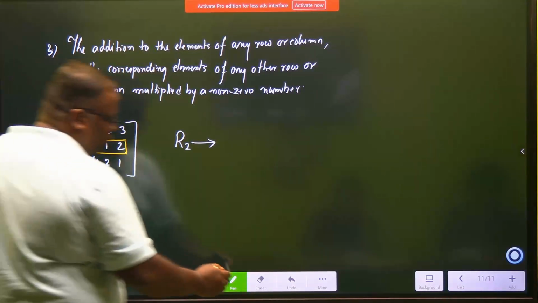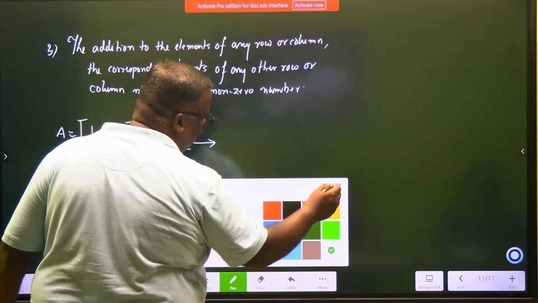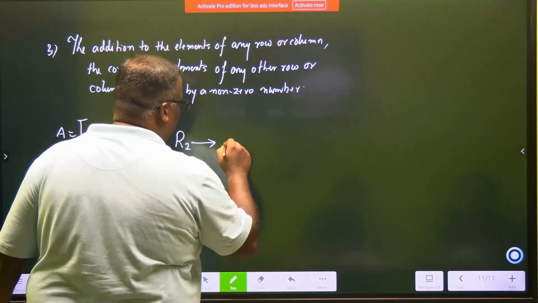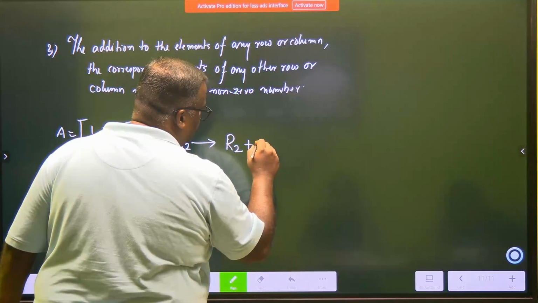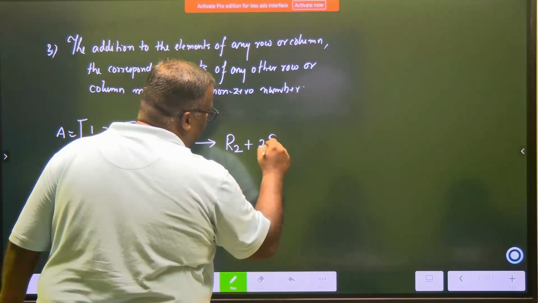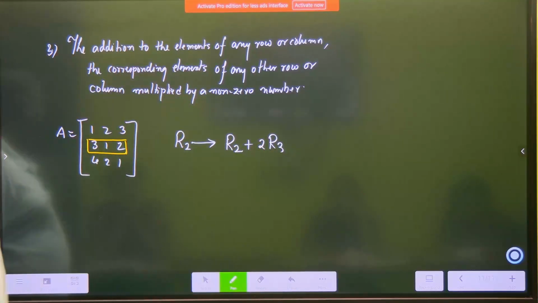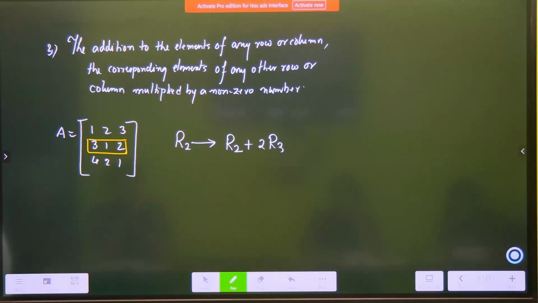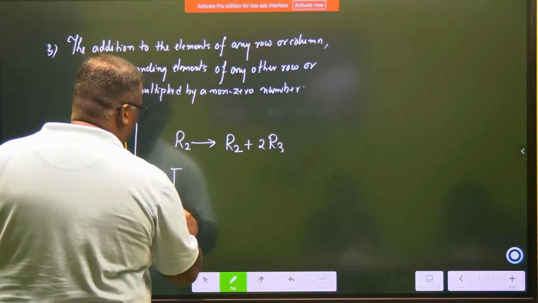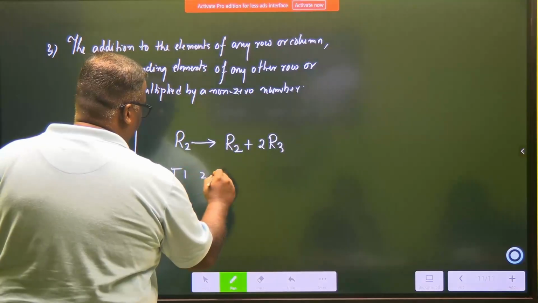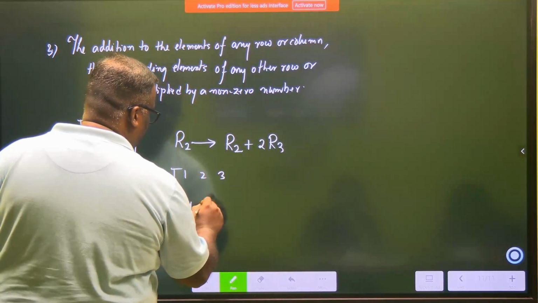My R2 now gets transformed. How does it get transformed? It will be the original R2 added with 2 times R3. What does this operation give me? This operation will never change R1 and R3.